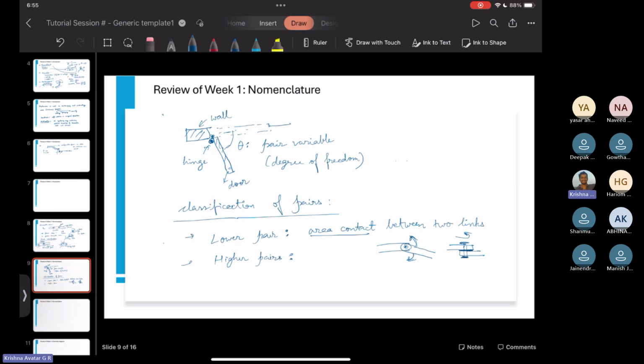Then we have what we call higher pairs. A higher pair is when we have line or point contact. These are connections between two rigid bodies such that, as per the example in the class, we had a cylinder rolling over another rigid body, and the connection is only here.